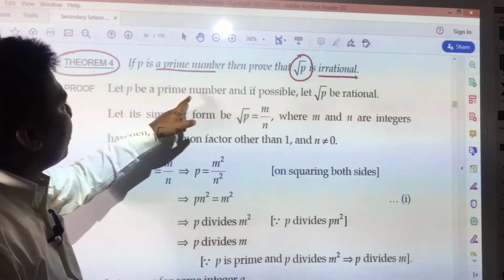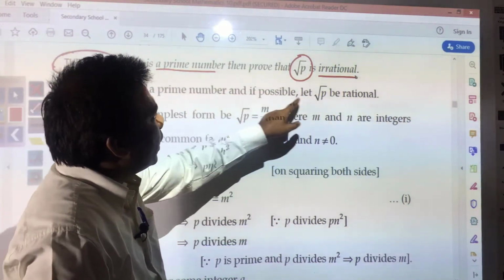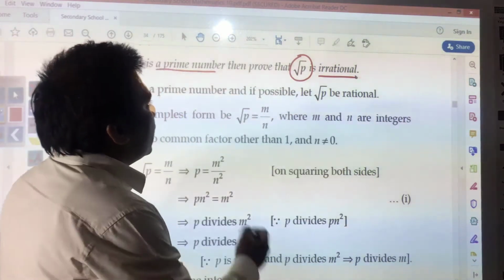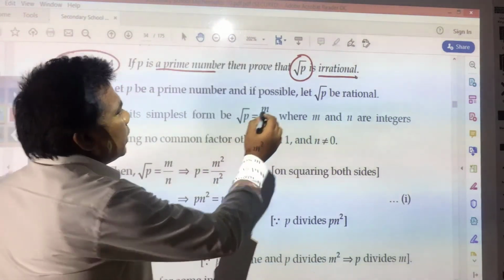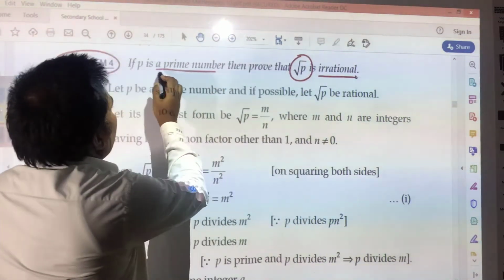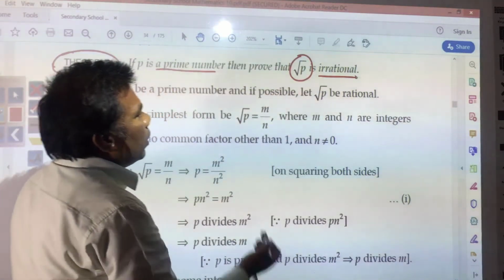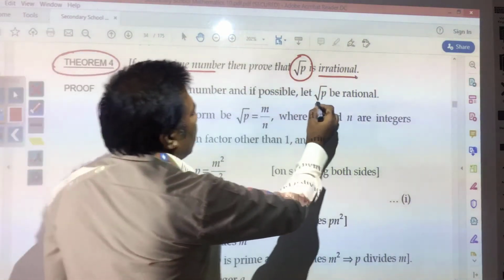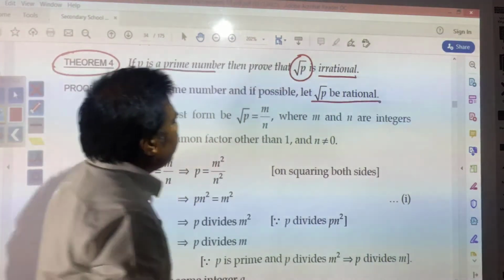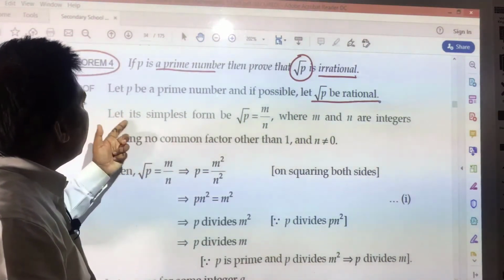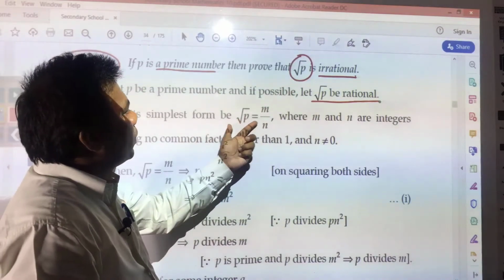Let P be a prime number, and if possible let root P be rational. Since you need to prove that if P is a prime number, then root P is irrational, suppose if possible root P is rational, then what will happen? Let its simplest form be root P is equal to m by n.